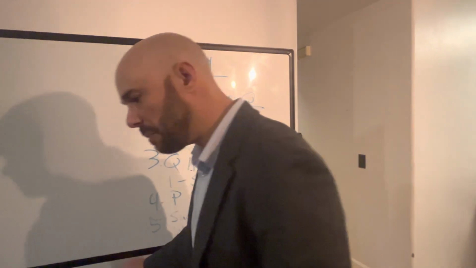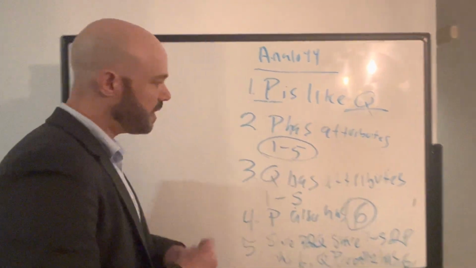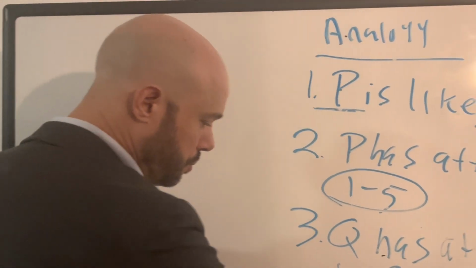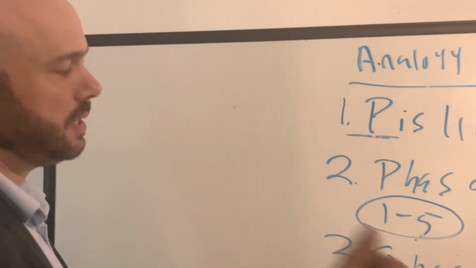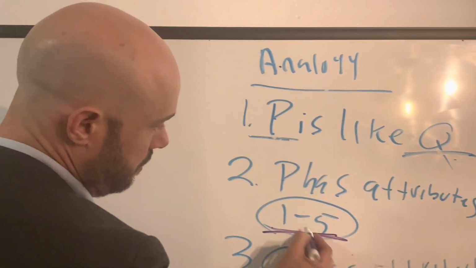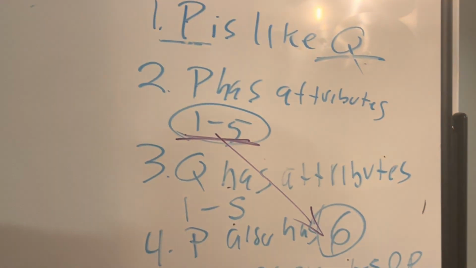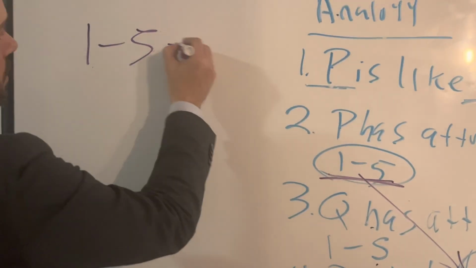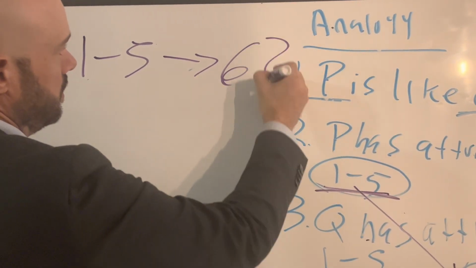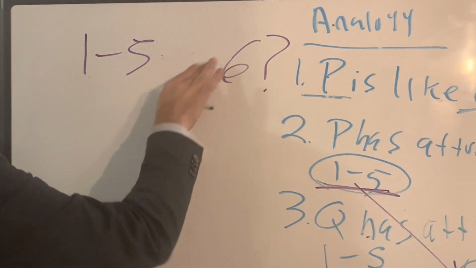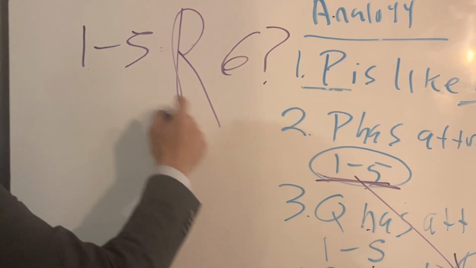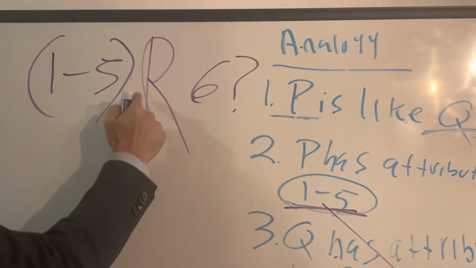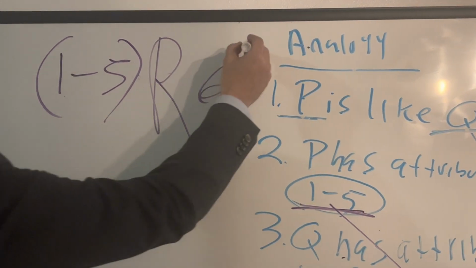The key thing to remember here is that what's doing the work is the attributes, and how these attributes relate to each other. So the question becomes, what does 1 through 5 have to do with 6? How is it related? Do the R for relation. How is having 1 through 5 related to having 6?